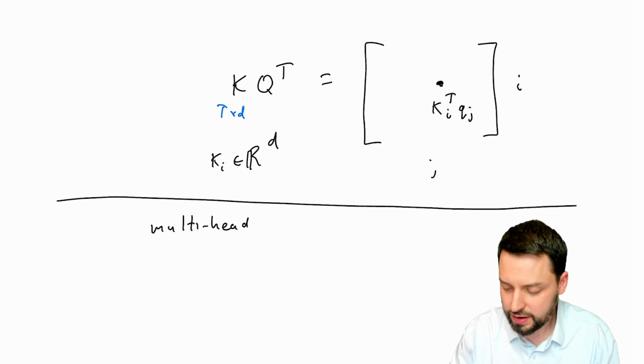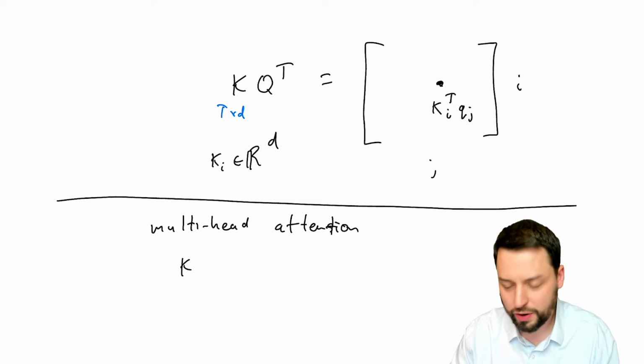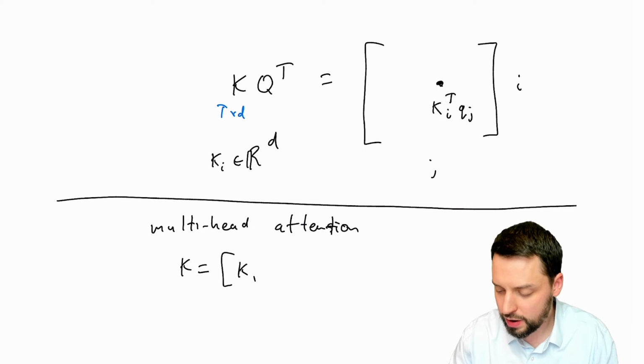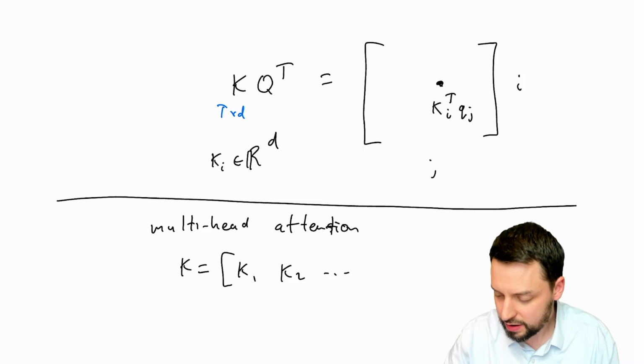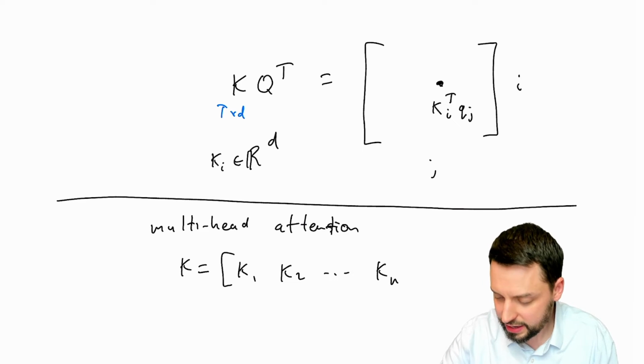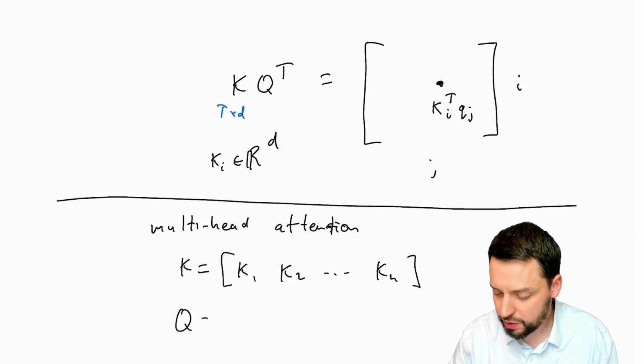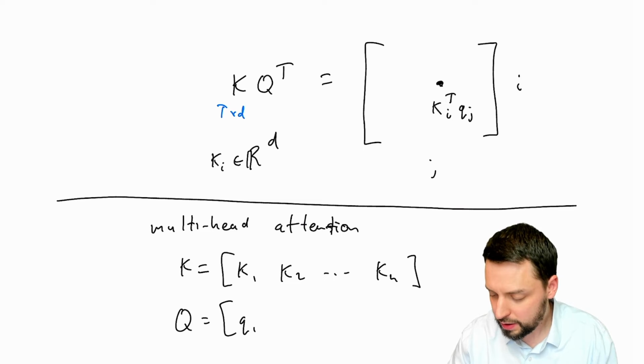What that does is it takes our K, but also our Q and our V, and partitions them. So K is now equal to K1, K2, etc., up to K_h, where h is the number of heads we have. And Q would be the same: Q1, Q2, up to Q_h.